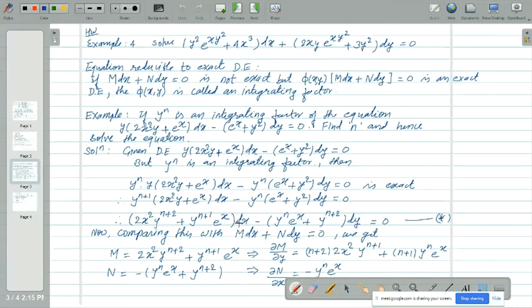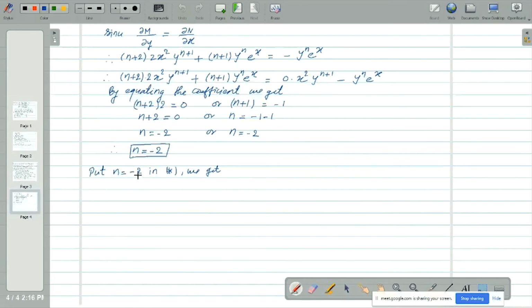Tell me the expression. 2x square y raised to n plus 2 plus y raised to n plus 1 e raised to x dx, plus (x minus y raised to n e raised to x plus y raised to n plus 2) dy. Okay, so instead of n we put n equal to minus 2. So let us put here.